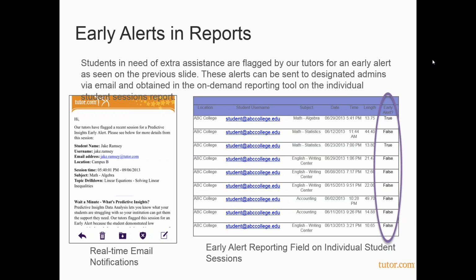So anytime you see the value is true in the early alert column, that means the tutor has given a flag to that student, letting you know that the student is trying to get some extra help, but they either have really low prerequisite knowledge or they have not achieved mastery of that concept. So that might be a good spotlight for you that this student could use some extra intervention, some extra help.